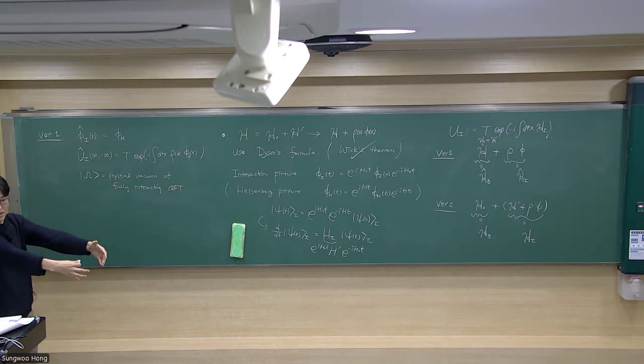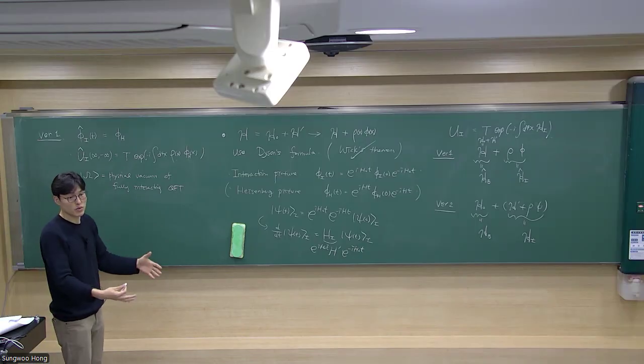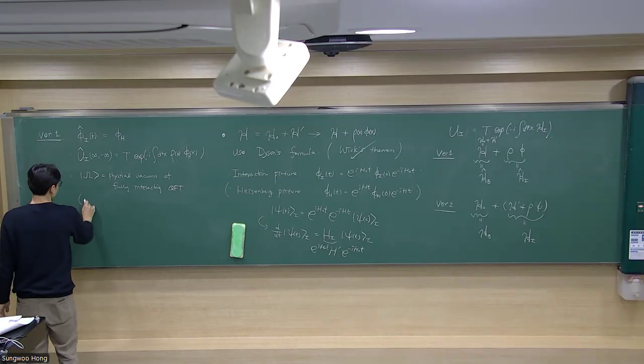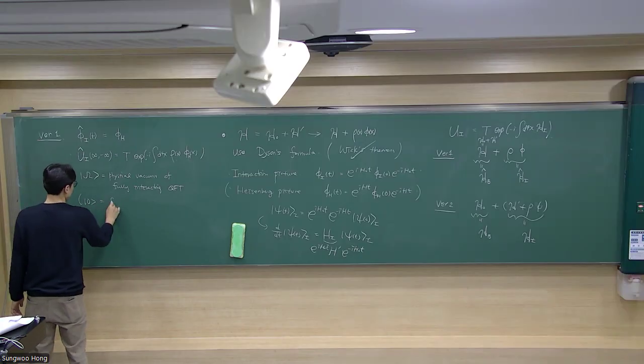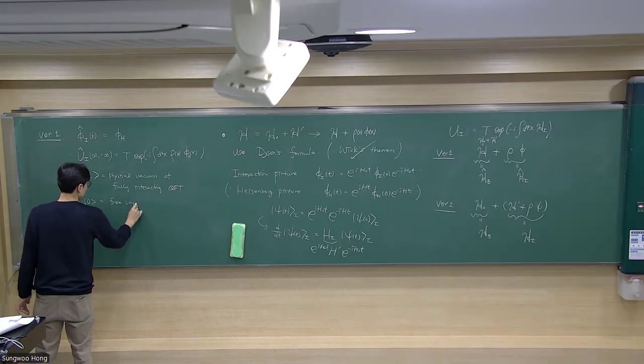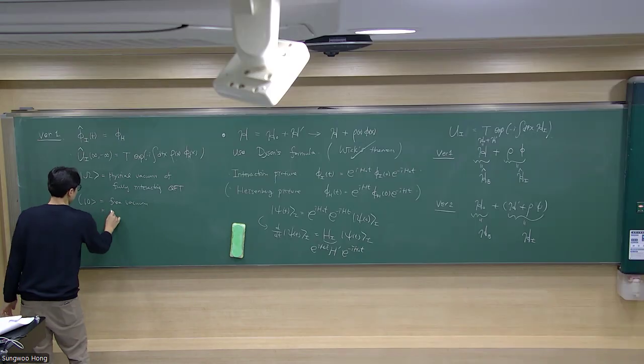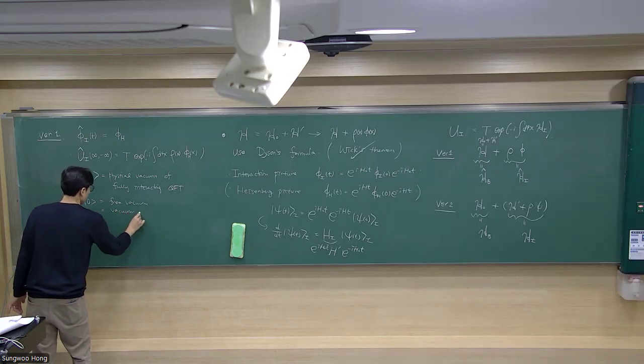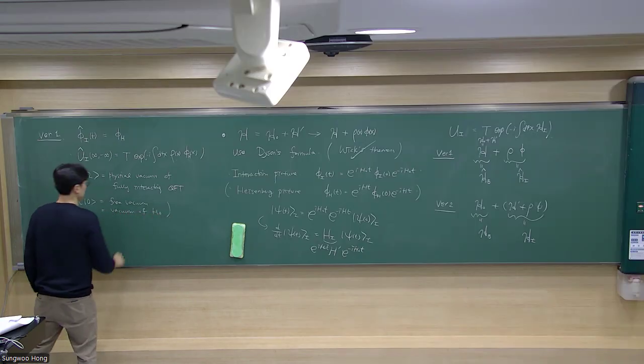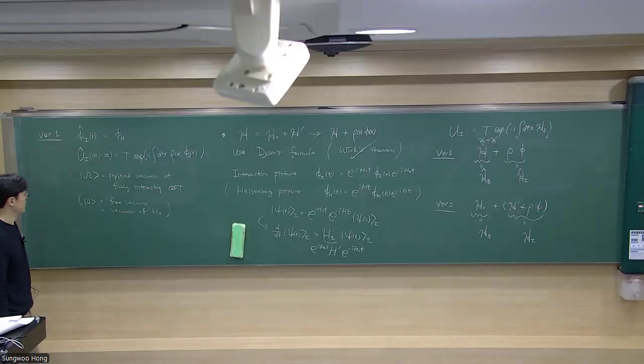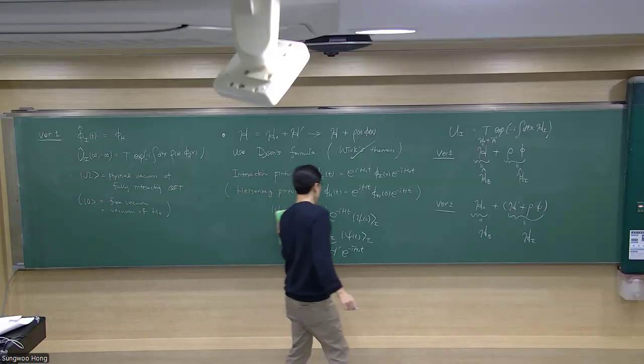This is the exact vacuum of the full Hamiltonian. And then we were using this for the free vacuum. By free vacuum, I mean the vacuum of the free part of the Hamiltonian.